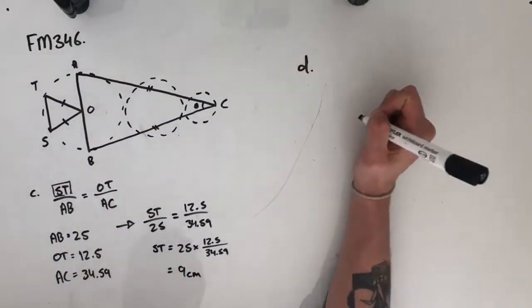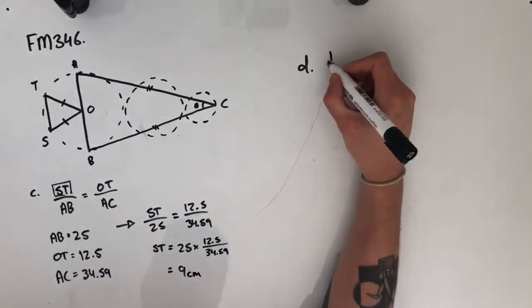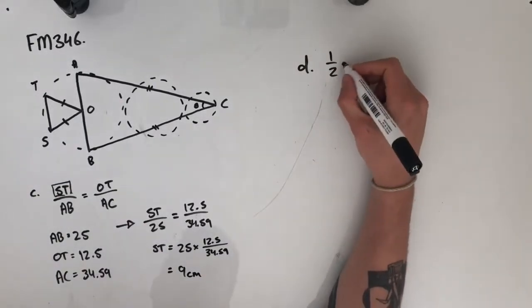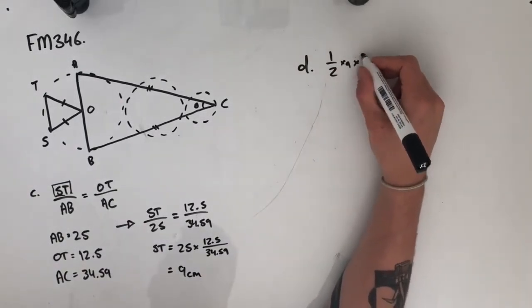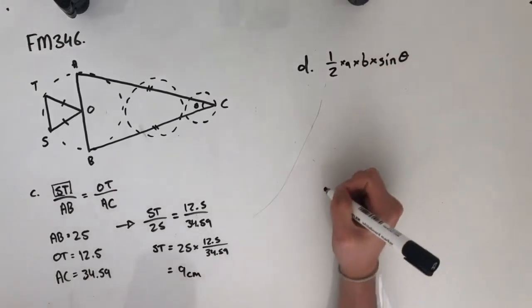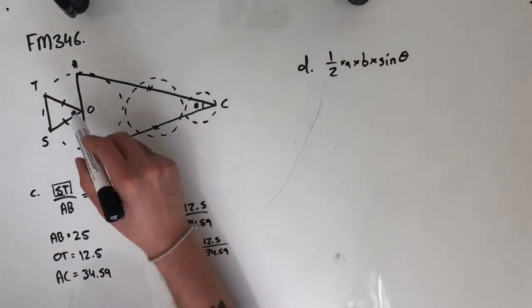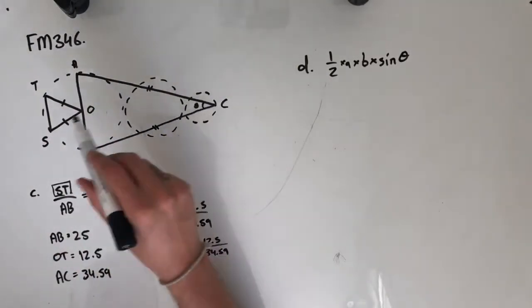Finally, question D says, what is the area in square centimeters of triangle TSO? This triangle here. Round your answer to the nearest square centimeter. Now in this question, I've chosen to use the rule half times a times b times sine theta, because I know what these two side lengths are, and I also know what this angle in here is, because these two triangles are similar.